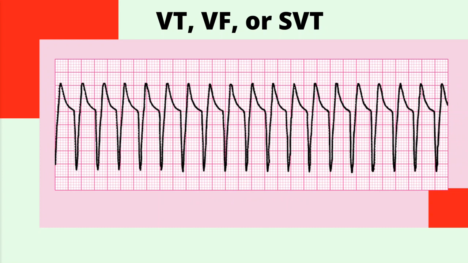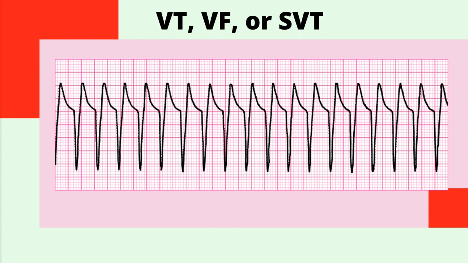This one's a little more difficult. If you're squinting and zooming in with your eyes and saying, I'm measuring that QRS complex and it looks borderline, maybe exactly 0.11 or 0.12 seconds, you're correct.